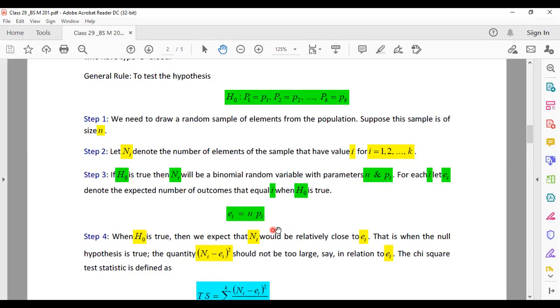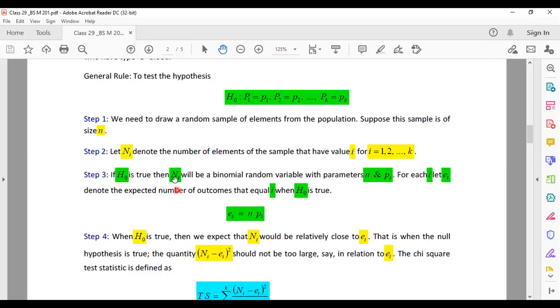But what is the expected number? This is your observed value, and this is your hypothetical value. The expected number means the number of persons that you are expecting to have in the sample. Is this number different from the observed number?